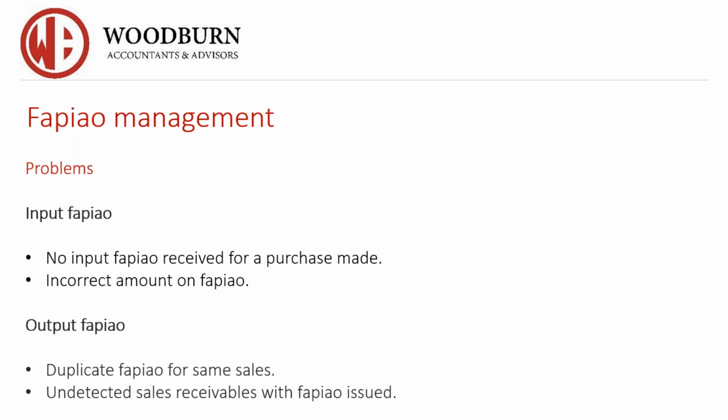The next is Fapiao management, okay? Some of the problems are in the input Fapiaos and some are in the output Fapiaos. If you joined on Tuesday's session, you'll know what the difference is between the input and the output Fapiaos. The problems, for example, are that no input Fapiao was received for a purchase.